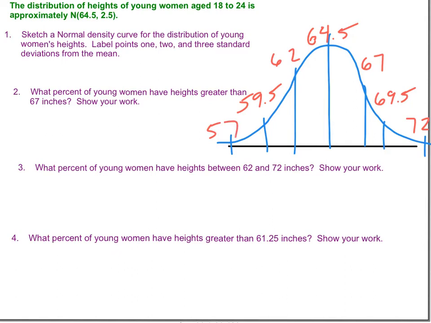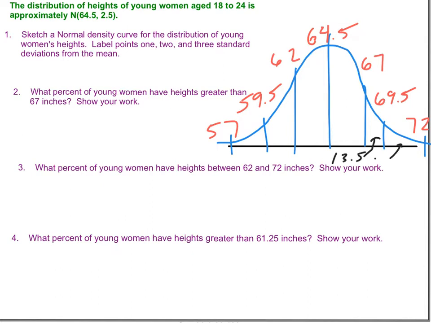This problem is going to go right back to those percentages that we saw on the other page. Okay, what percent of women have heights between 62 and 72? Whoops, I forgot, 67 or more. I'm getting ahead of myself. 67 or more, okay, that would be right here, this part. That was 13.5.